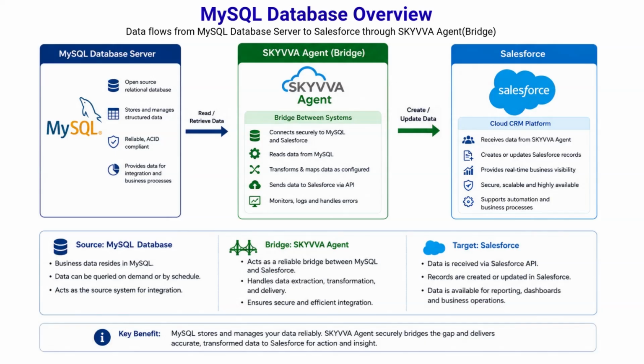We also demonstrated the database adapter and interface configuration, highlighting the supported operation types and how organizations can configure integrations based on their business requirements. By integrating MySQL with SKYVVA, businesses can automate data exchange, reduce manual effort, improve data accuracy, and maintain reliable synchronization between MySQL and Salesforce.